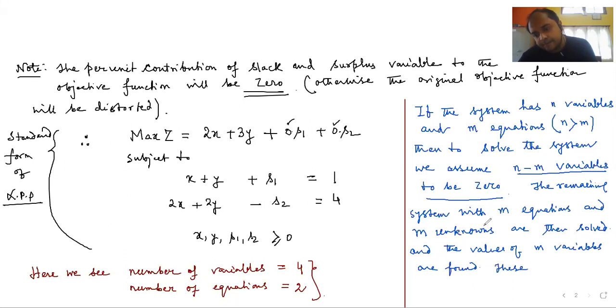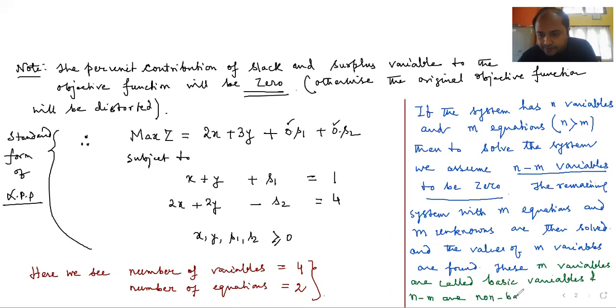These m variables are called basic variables, and the n minus m variables are non-basic variables. Okay, so this is the rule which we apply in this particular kind of scenario.